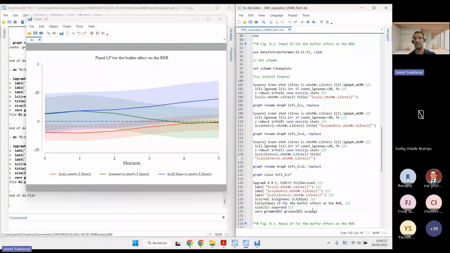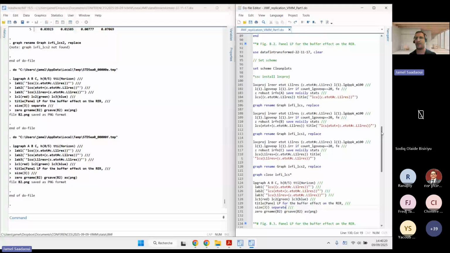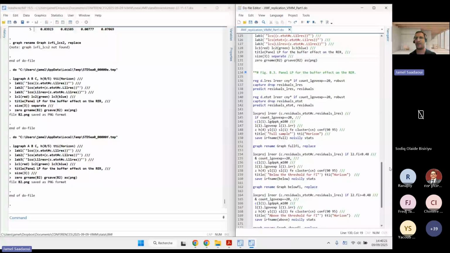So, a second example of panel local projection. When we submitted a paper to the journal, they said that's very interesting, but there is potentially a problem in your story, because exchange rate movements can also cause variation of international reserves due to valuation effects, because central banks usually hold reserves in US dollars, less and less these days.